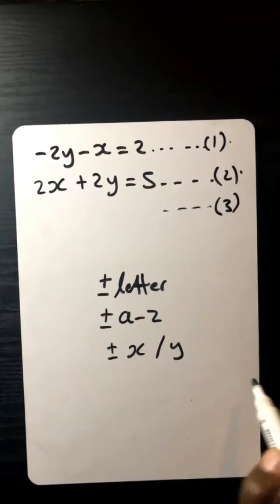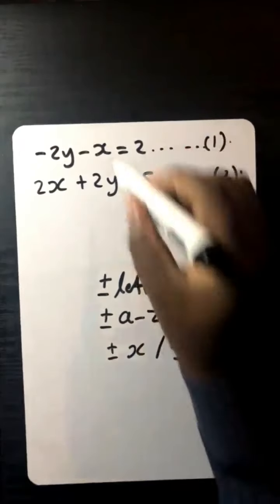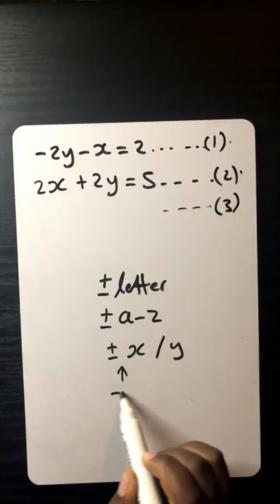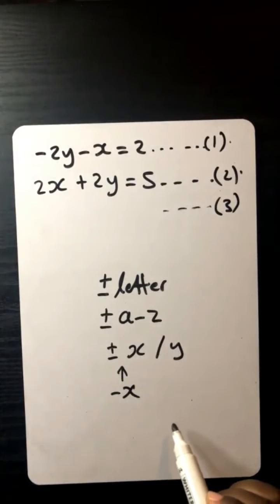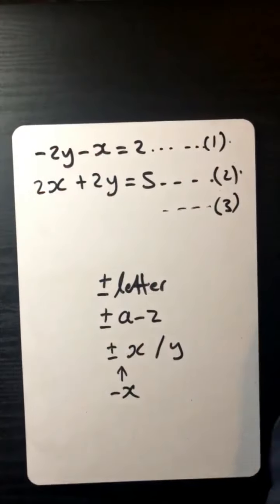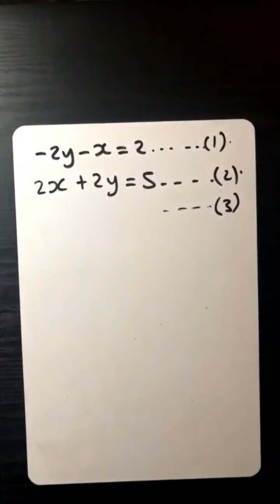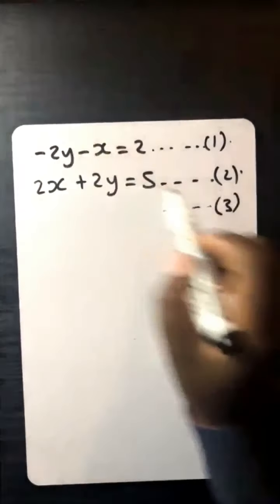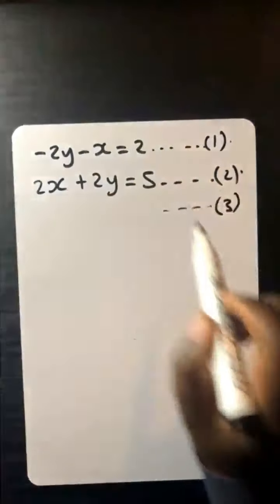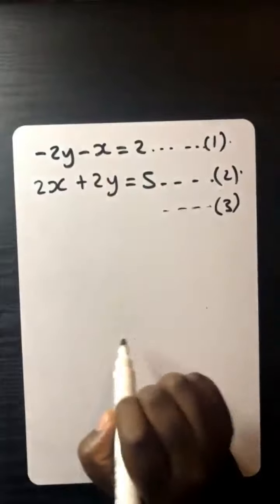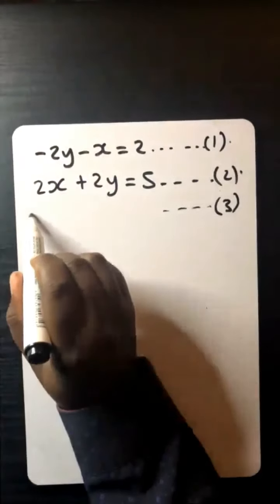So you can see between these two equations, it is that one over there, which has a minus x, a letter that you've got, which means this is the less complicated equation between those two. So now that you've identified the less complicated equation, you can use it to derive equation number 3, which means you need to move everything else to the other side and remain with what you want to make the subject of the formula, which is x in this case.